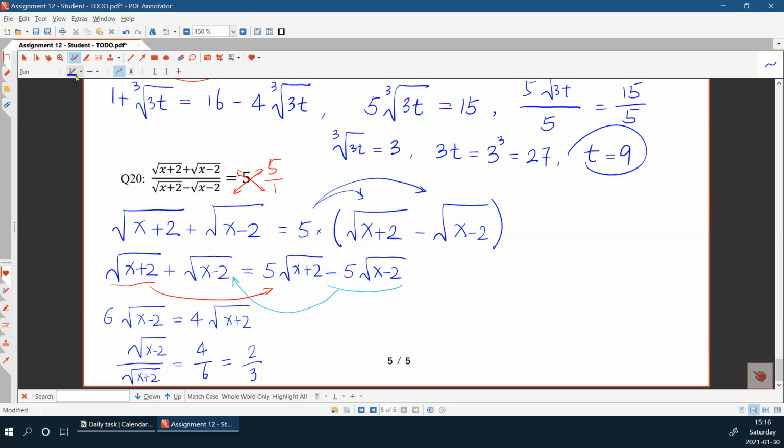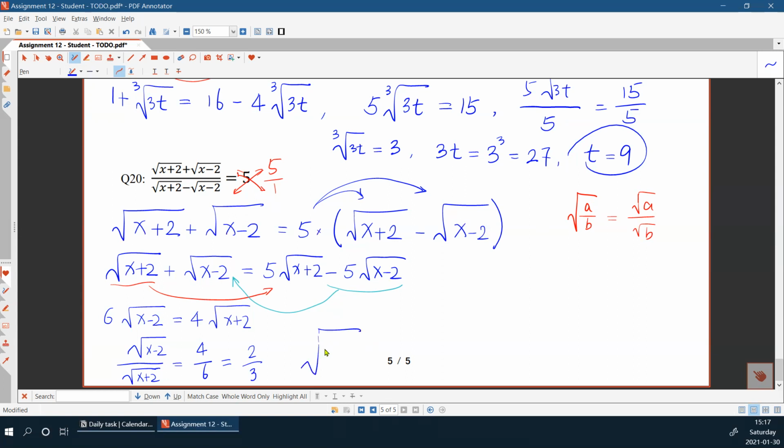Again, the rule we are using is when you have square root a over square root b, you can rewrite it as a large square root of a over b.